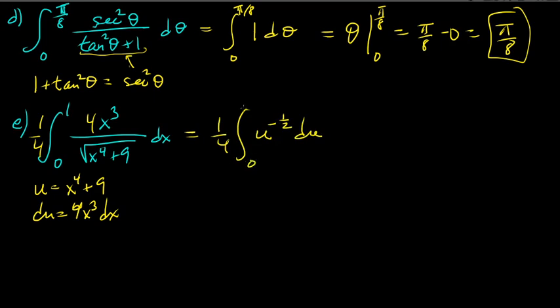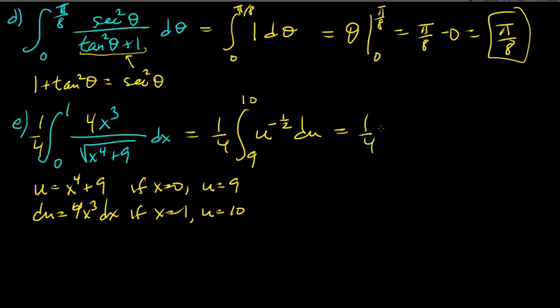Now notice, I'm not putting 0 and 1 here because that would be wrong. If x is 0, right, u is going to be 0 plus 9, which is 9. If x is 1, then u is going to be 1 plus 9, which is 10. So we're actually integrating from 9 to 10 now.